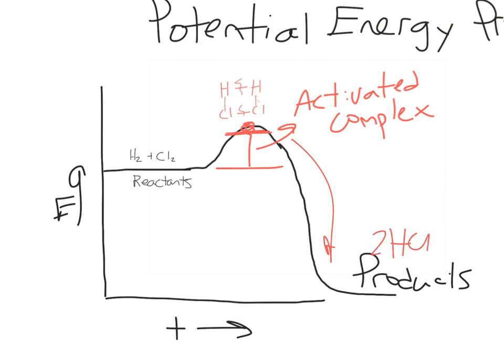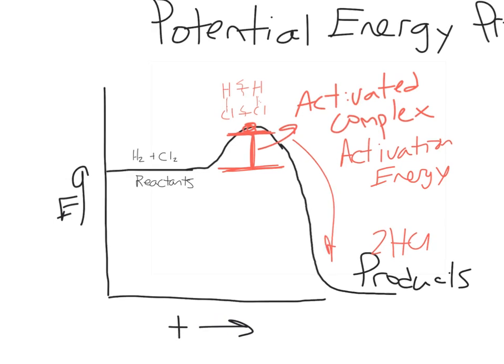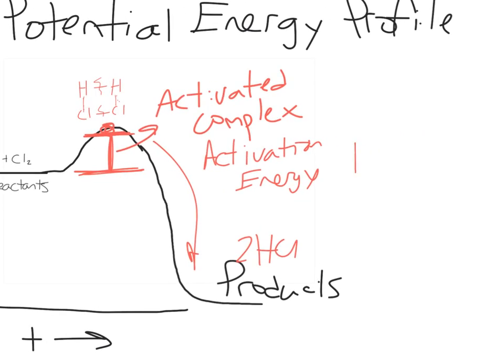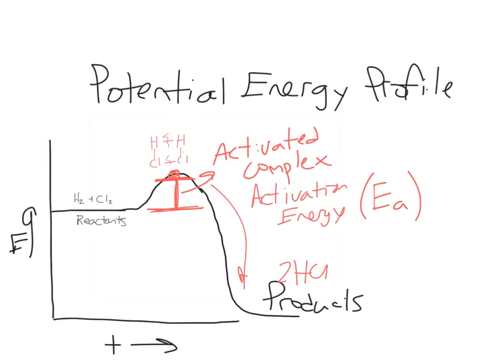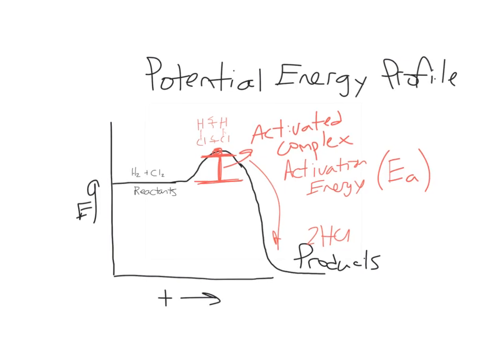Now this energy that I've drawn in red is what is known as the activation energy, sometimes referred to as E subscript A. Now, all chemical reactions have their unique potential energy profile, and some of them are exothermic like this one, and some of them are endothermic.